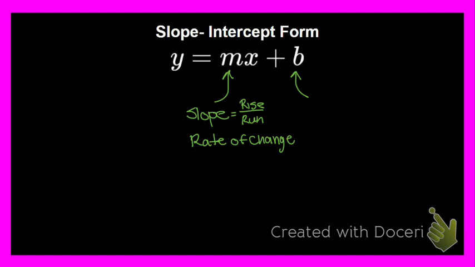The other one, now this is new to us, which is the b. Now the b is actually the point on a graph where it crosses your y-axis. That's why they call the b your y-intercept. So on every graph, you have an x and a y-axis line, and this b represents where the actual graph line crosses your y-axis.